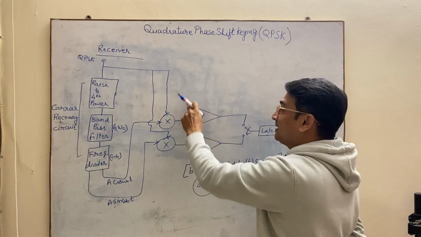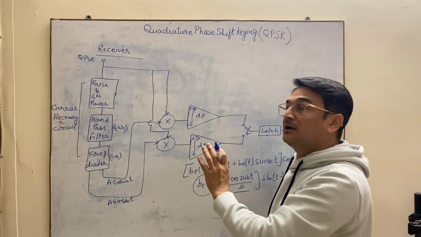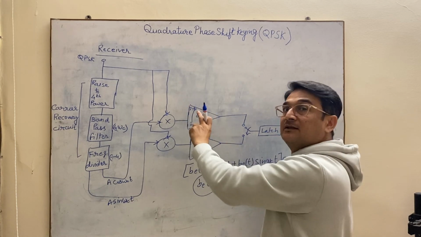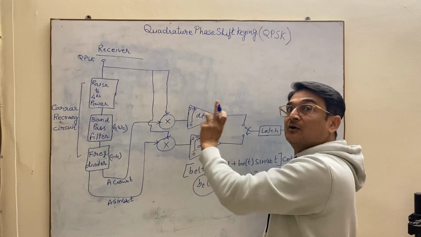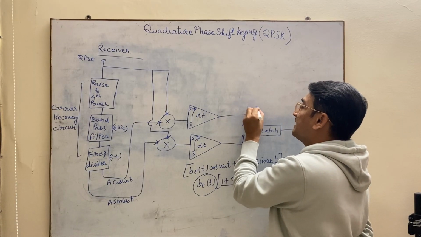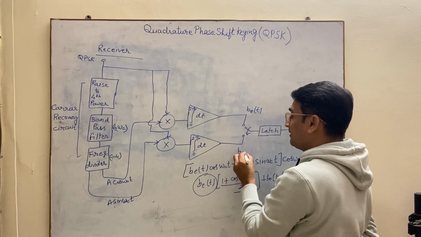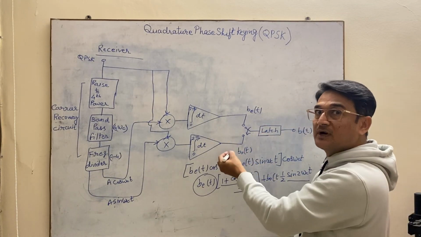Again, one more thing: this integrator not only removes the high frequency component but also maintains the bit duration of 2 TB second. So it is basically working on two aspects. Now BET is coming from this integrator and BOT is coming from this integrator or low pass filter.